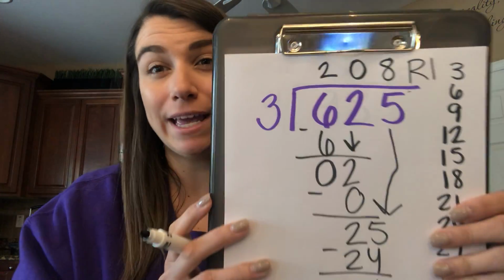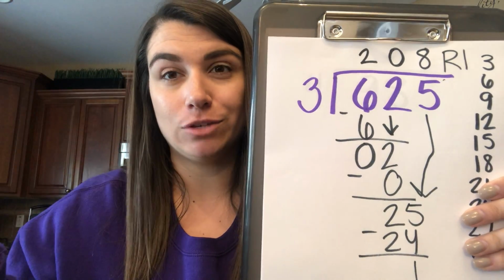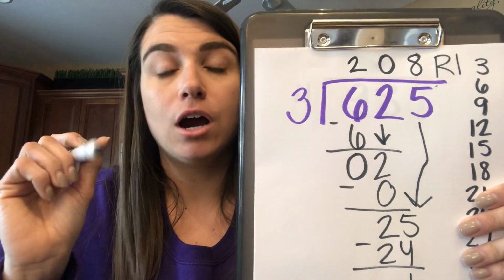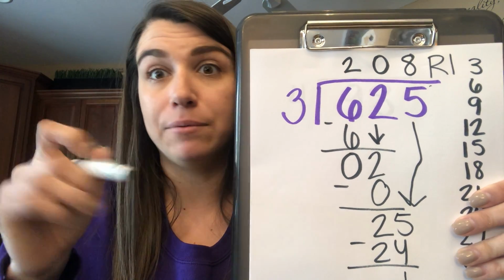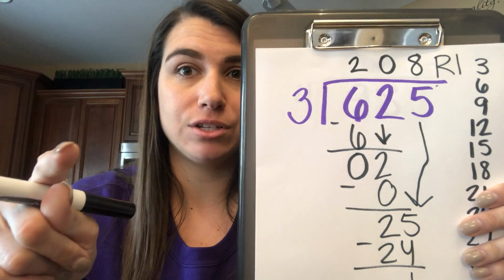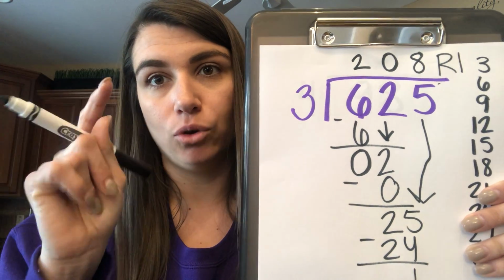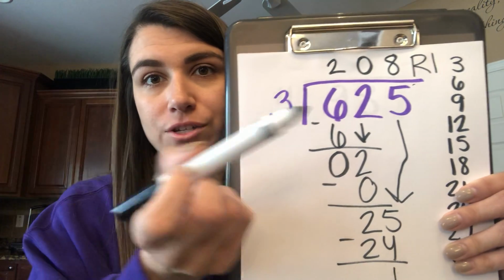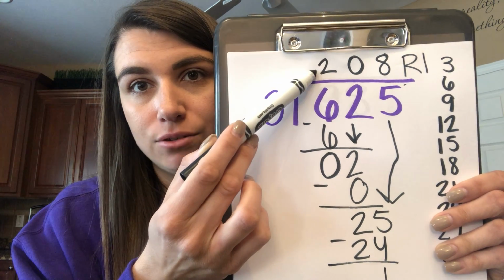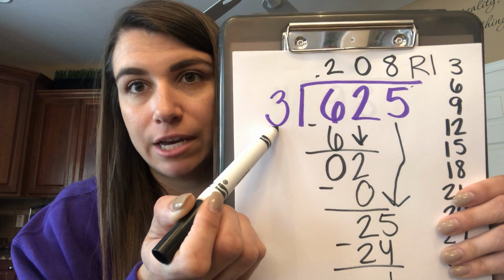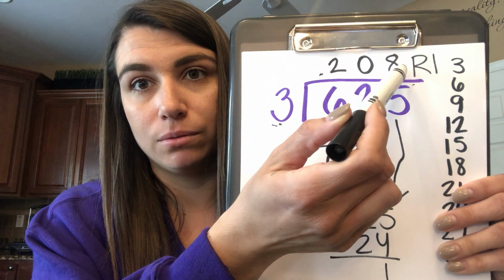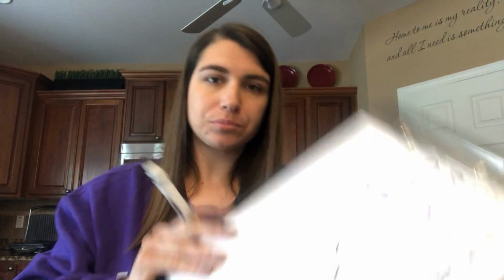So I'm going to check this one, but I'm not going to check the rest of them just to save time. But I would suggest that every time before you restart the video, you check your answer. And how you check your answer, remember, is you take the top number that you got, so 208, times the outside number, 3, and then you add in your remainder. So I'm going to take 208 times 3.